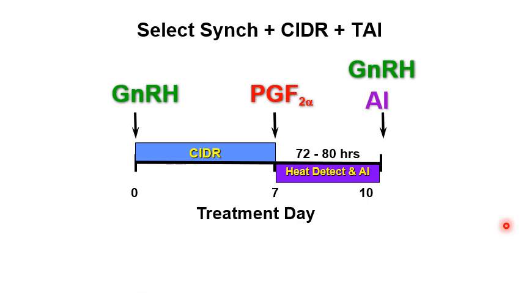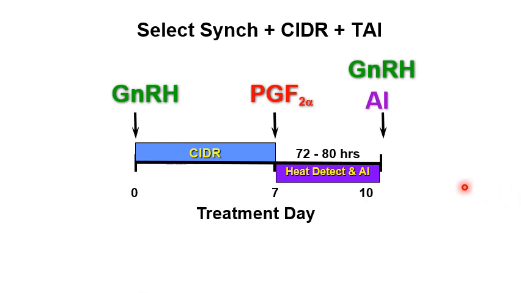So for example, when we compare the conception rate of those animals that have come into heat and AI'd at an earlier time, that is about 60% conception rate, as compared to the animals that have come into heat during this time and are late responders, whose conception rate is typically lower, at 20%.